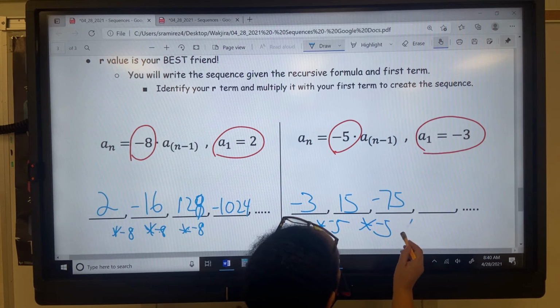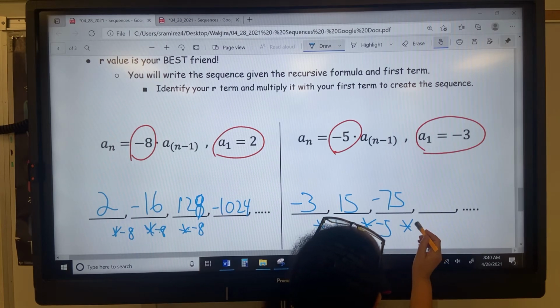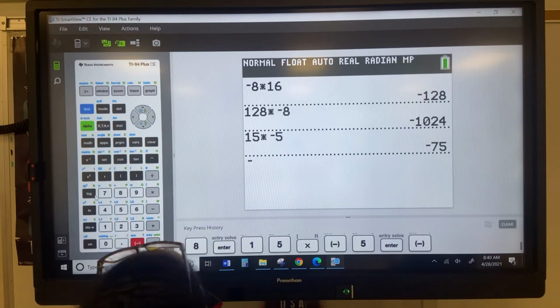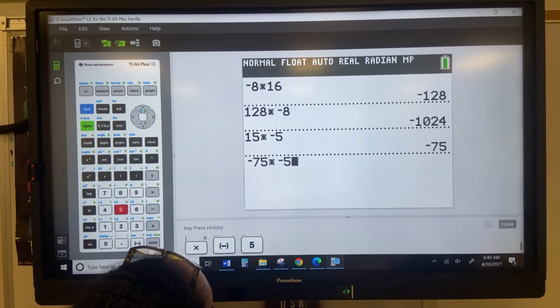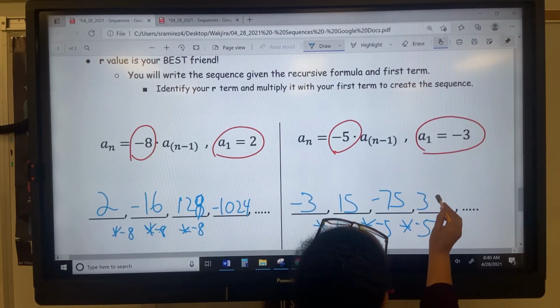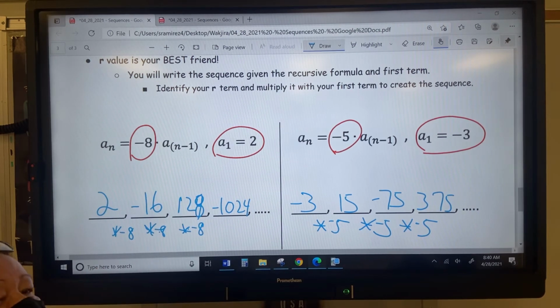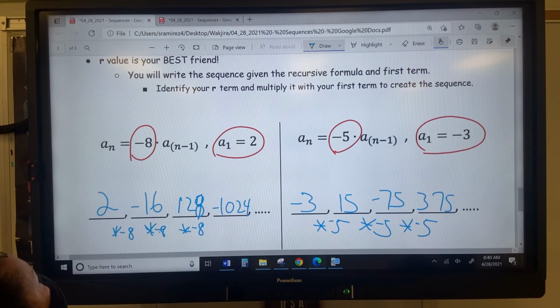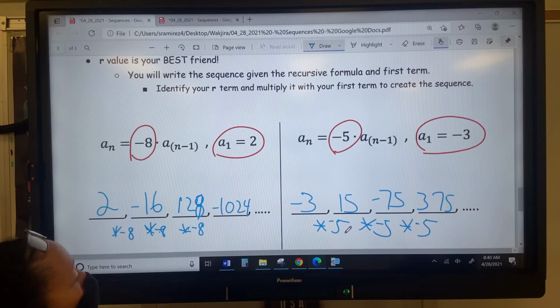Then we multiply negative 75 by negative 5. We get 375. So that is how we can find our sequence for a geometric sequence if we are given the first number in the sequence and the R value.